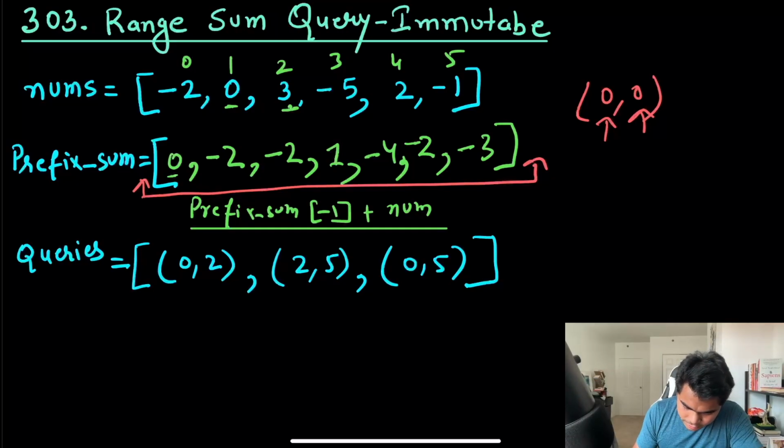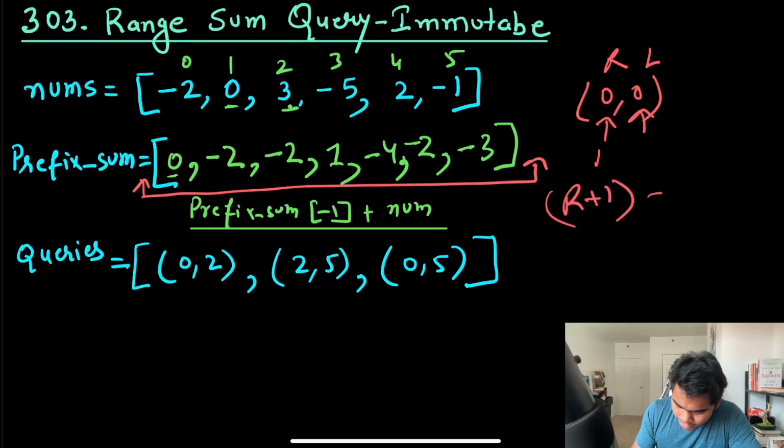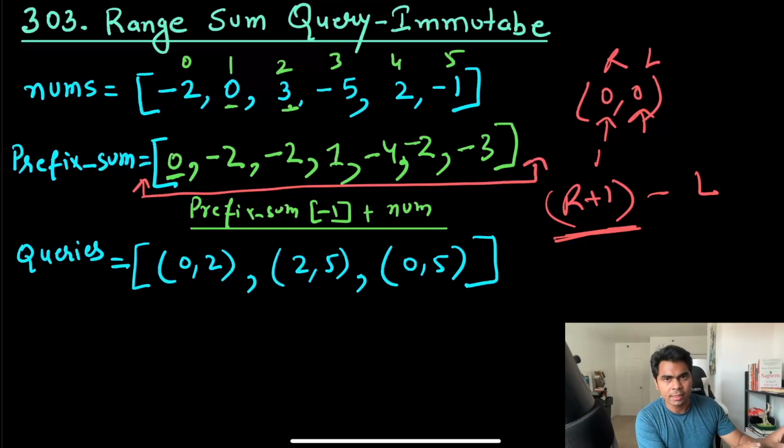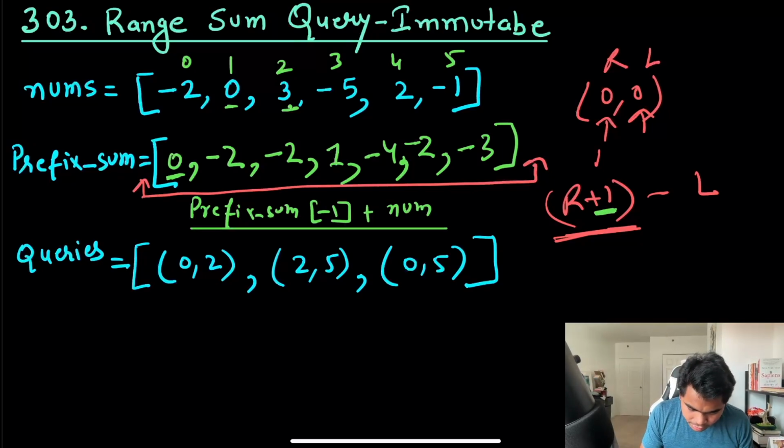What I'll do is return the difference from this right index and left: right plus 1 minus left. The reason I'm doing this is because I appended this 0 sum so far, which means nothing basically. So the reason I'm adding this 1 right here is so that I can actually access this -2, because it has to be inclusive.